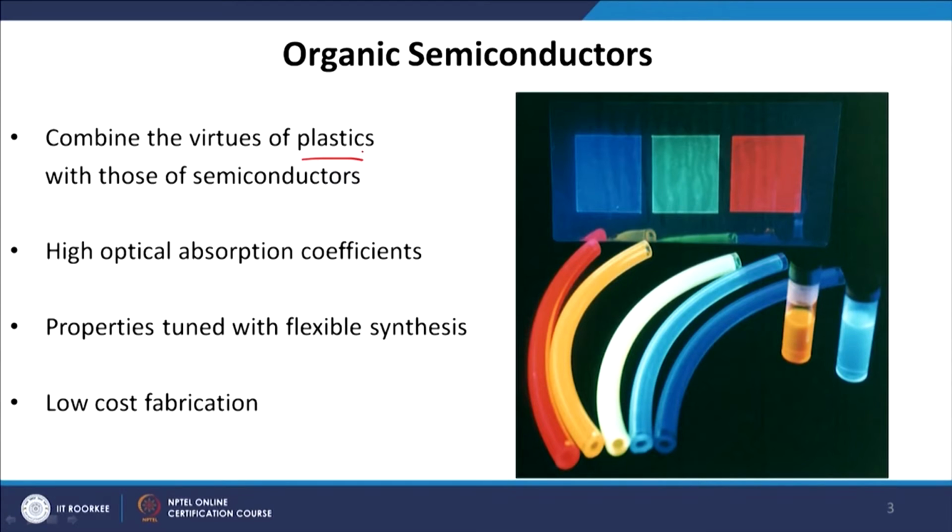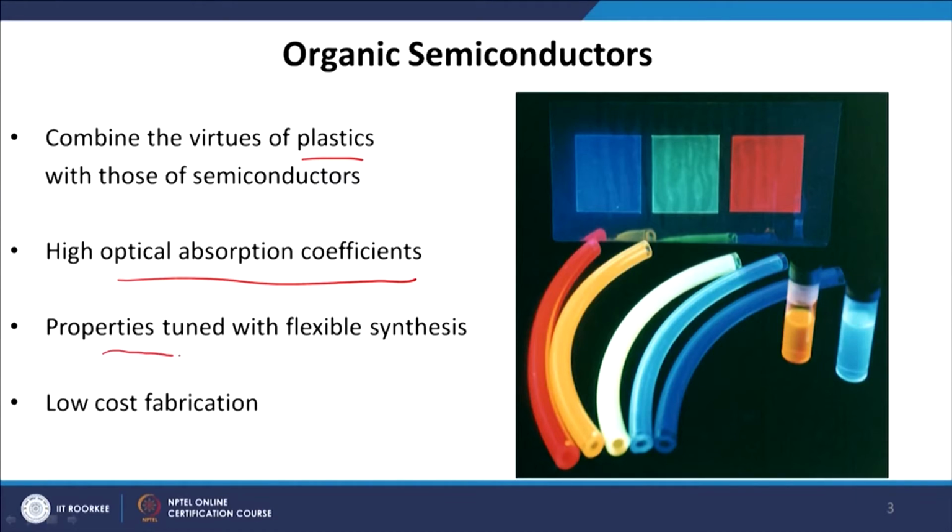The second important property of organic semiconductors is a high optical absorption coefficient. As you have seen, if the absorption coefficient is very high, the light absorption per unit length is also very high. The third thing is that you can tune the properties with flexible synthesis methods. As you can see in this figure, we have a panel which contains 3 different films: one is blue, another is greenish, another is red.